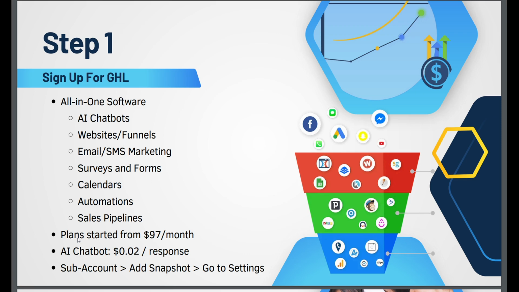So the plan starts at $97 a month, which pretty much most small businesses will start here, unless you have multiple locations. Then you may need to upgrade to 197 or 297. So the next thing is the AI chatbot, and so that's going to cost you around 2 cents per response. And generally, the settings that I like to put are 10 responses per conversation.